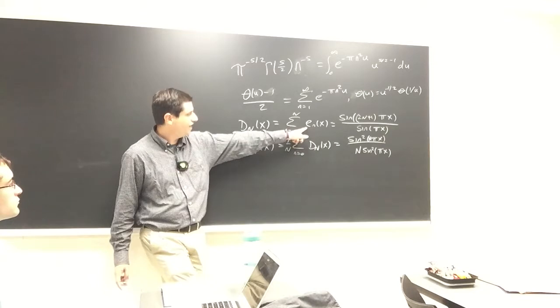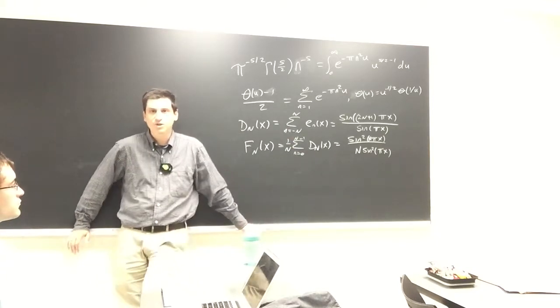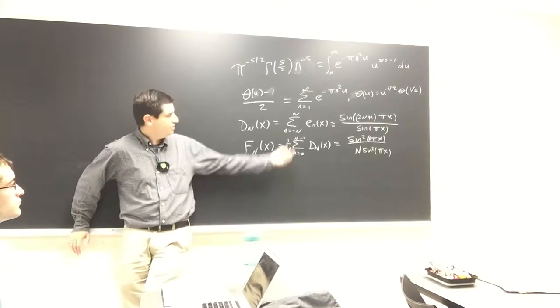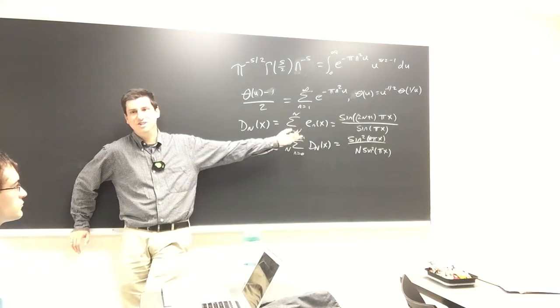How do you think we evaluate this Dirichlet sum? How do you think we got that at the end? What do you think we used? How do you think we evaluated this sum? Does this sum look like anything you've seen?